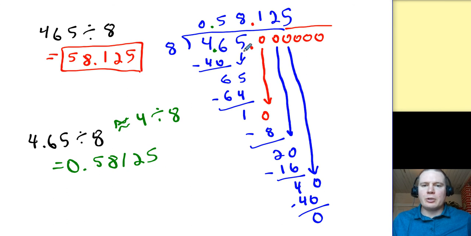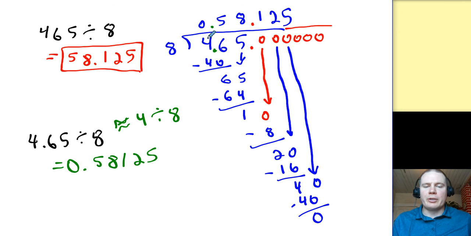That's good because we followed the rules. I took 4 ones, multiplied by 10, 1, 2, 3, 4, 5 times to get 465,000. 465,000 divided by 8 is 58,125. Then I took 58,125 divided by 10 just as many times as I multiplied by 10.